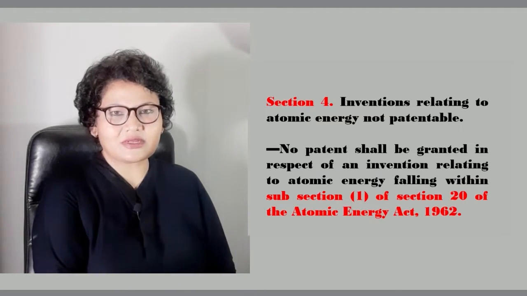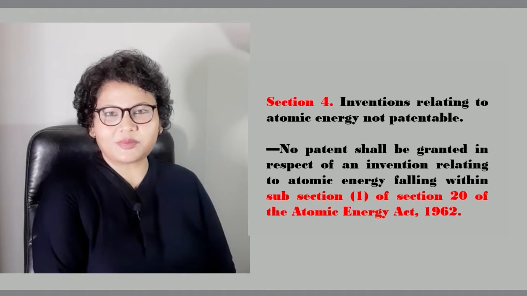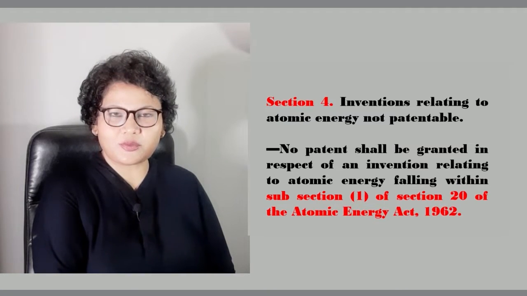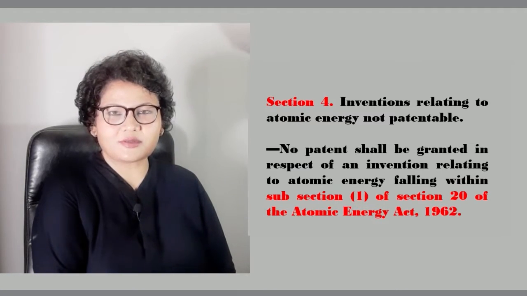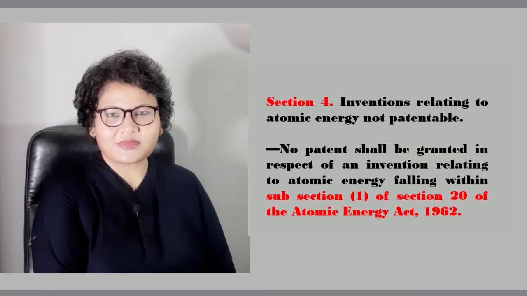So, Section 2(j) lays down what qualifies as an invention, whereas Section 3 and Section 4 detail what cannot be patented. As per Section 4, if the invention belongs to atomic energy, that is the provision under Section 20, subsection 1 of the Atomic Energy Act, then it cannot be patented.